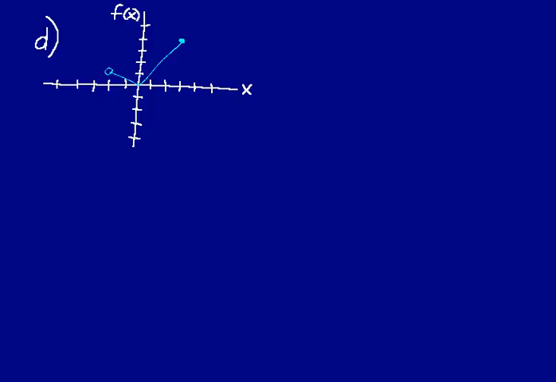So the domain for this function means all the x values that would work in that function. The way you figure that out is you just look at it horizontally. Look at the farthest left point that it goes to, which would be right here, and the farthest right point that it goes to, which would be right there. We just look at in between those two points. Those are the acceptable values for x. That's the domain for that function.